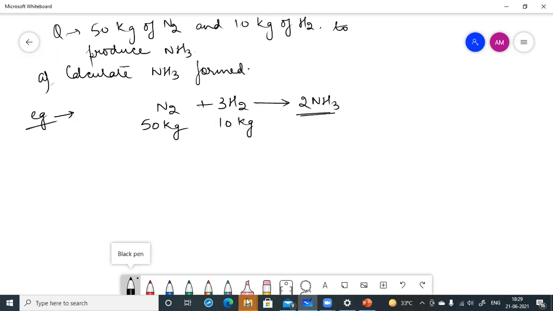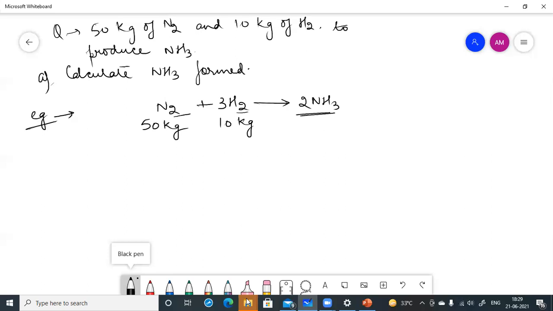To find the limiting reagent, there are two ways. The simplest way is that you first convert the nitrogen and hydrogen amounts into moles, and then according to the stoichiometry, you can determine the limiting reagent.